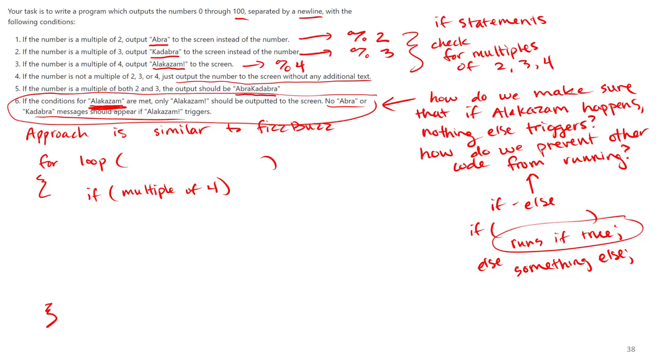If the conditions for alakazam are met, only alakazam should trigger. If we're a multiple of 4, we output alakazam, right? And then we put everything else separate.